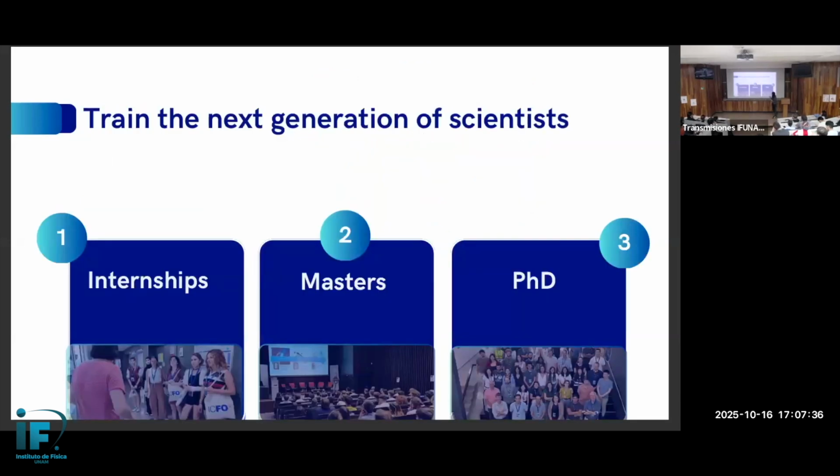One of the most important ICFO missions, besides its core mission of doing research, is training the next generation of scientists. And ICFO tries to fulfill this mission by offering a variety of training programs, including internships, and I'm going to spend a few words on this program in a minute.